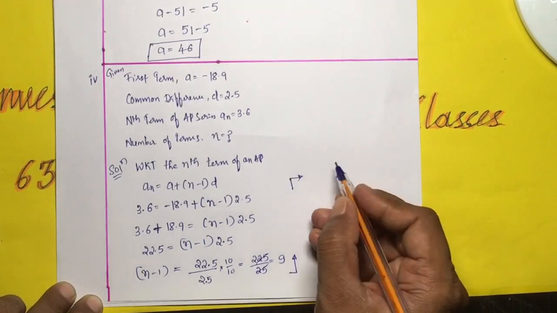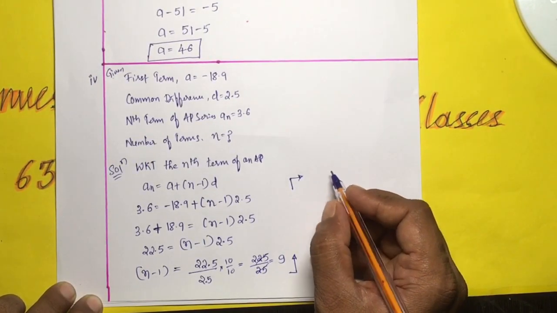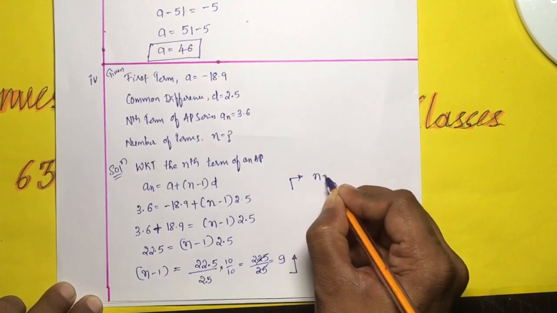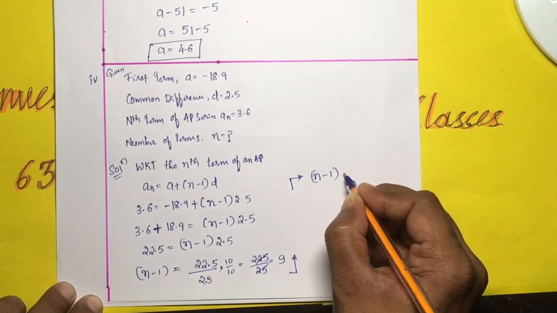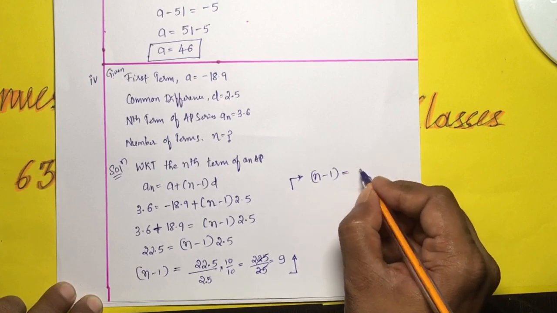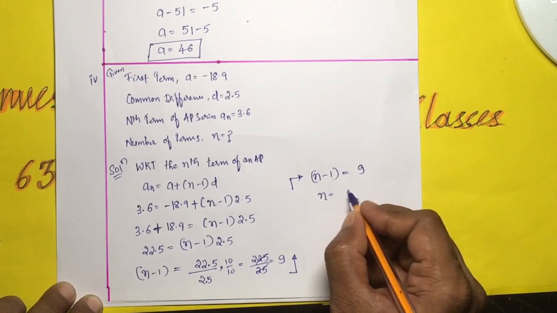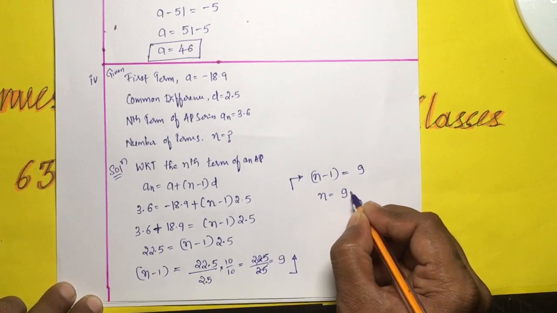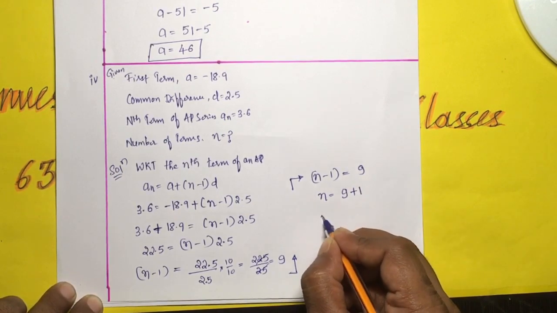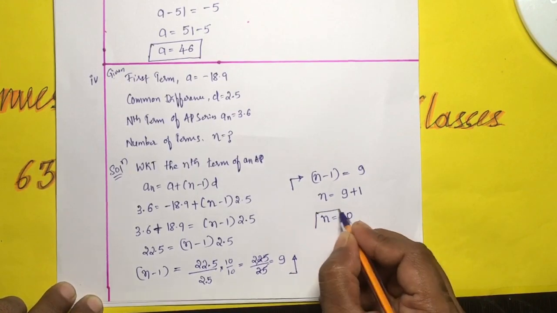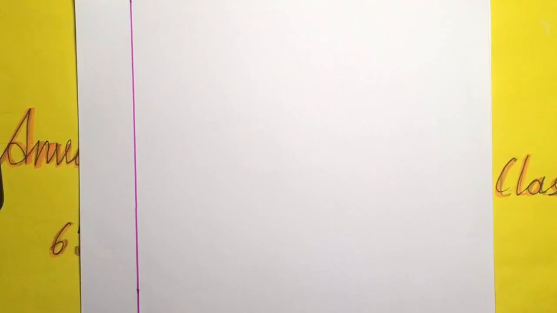So I can write here n minus 1 is equal to 9. So n is equal to 9 plus 1, n is equal to 10. So this is our required answer.